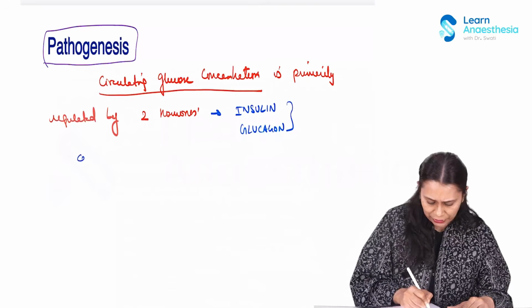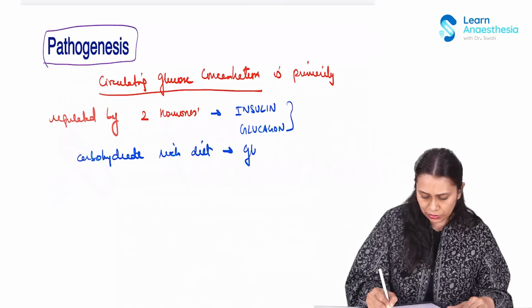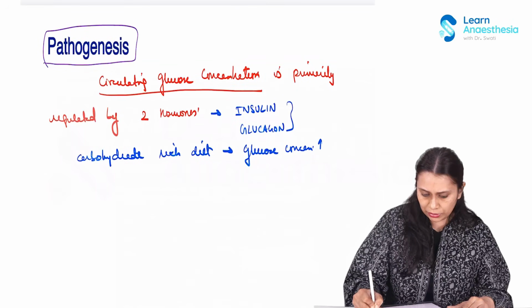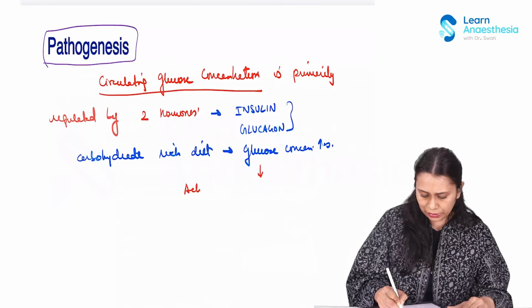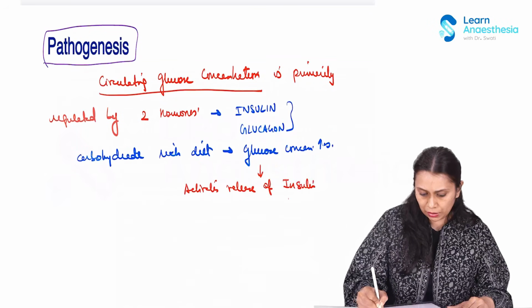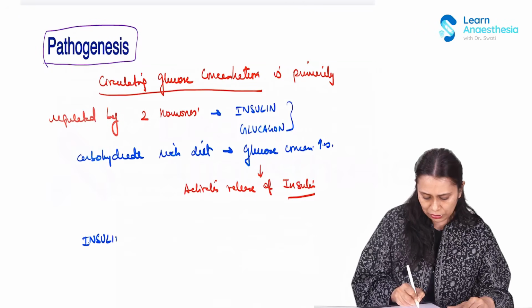So when we take a carbohydrate-rich diet, what happens? The glucose concentration in the blood increases, and this activates release of insulin hormone, right? This insulin, what does it do? Insulin has three important roles.